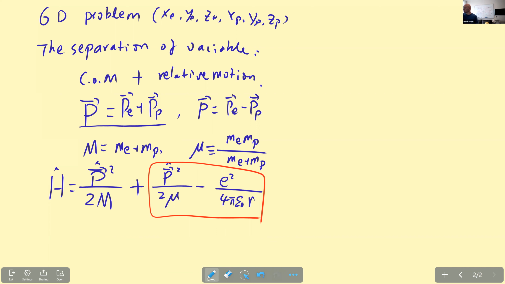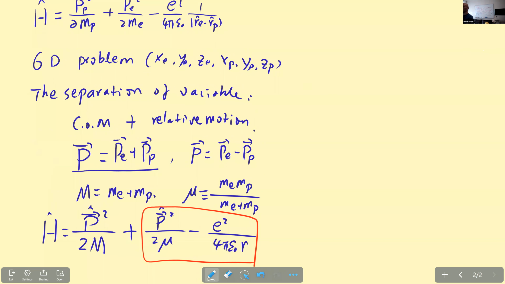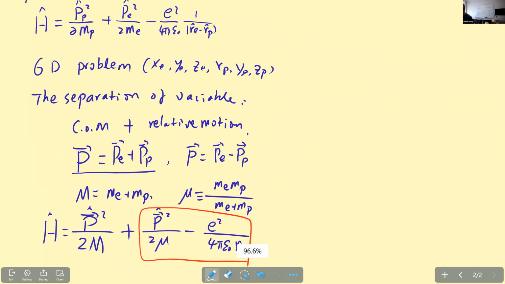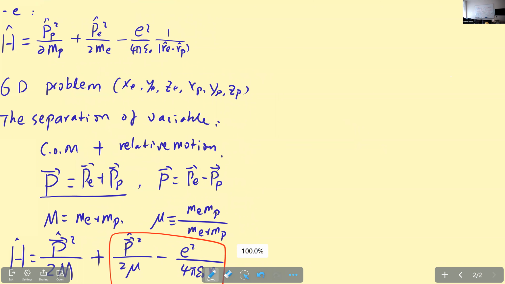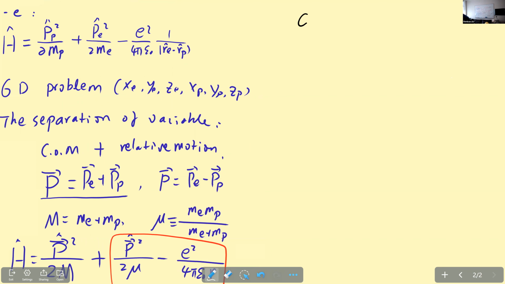Okay. So this way, we can just ignore this center of mass motion, right? So we just consider the relative motion, only the relative motion. Okay. So this Hamiltonian, by abuse of symbols, I just call this Hamiltonian.